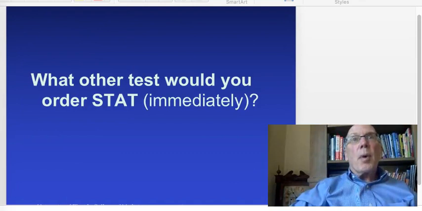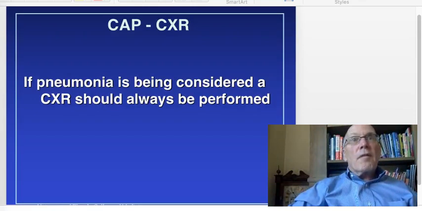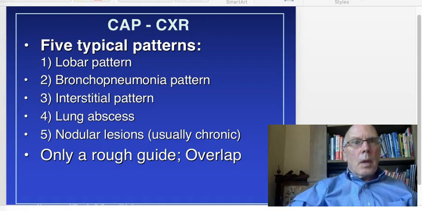If considering pneumonia in your differential, what test should you always perform immediately, or stat? If pneumonia is high on your differential diagnosis, a chest X-ray should always be performed. There are 5 typical patterns of chest X-ray.